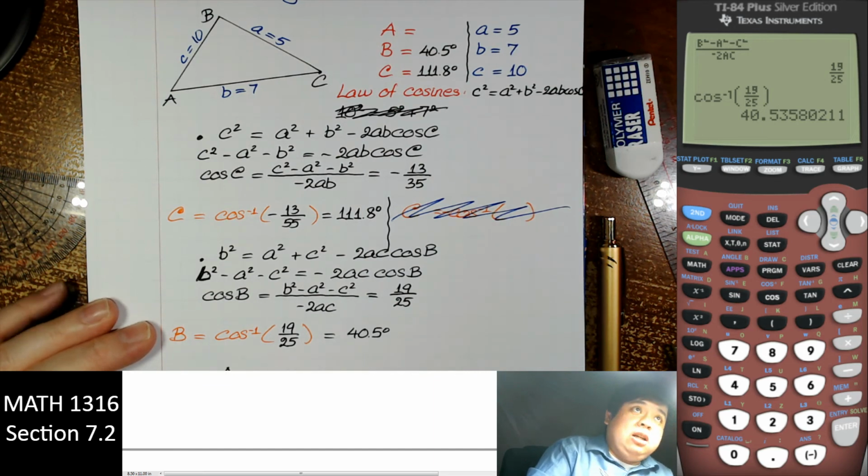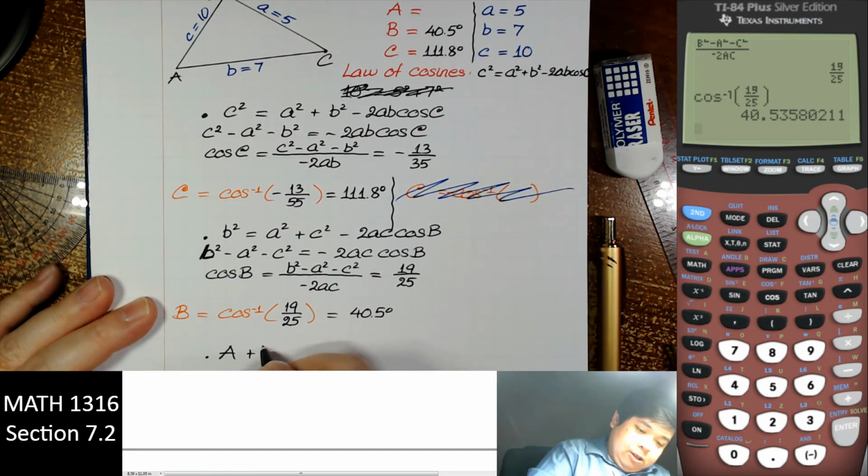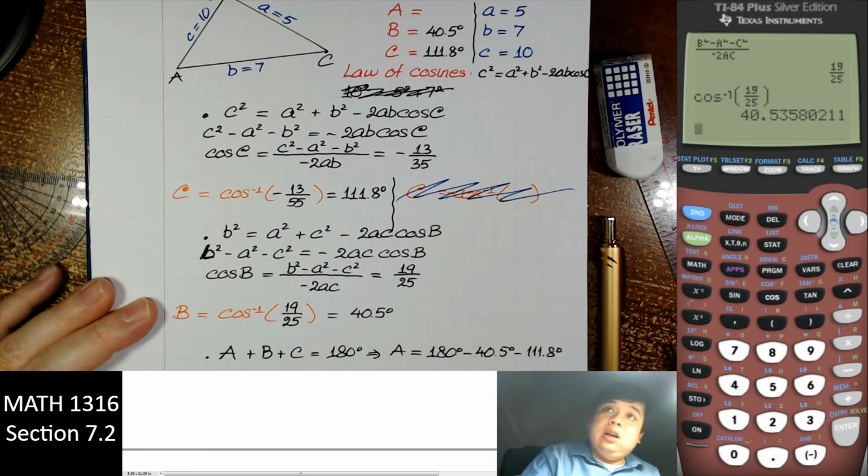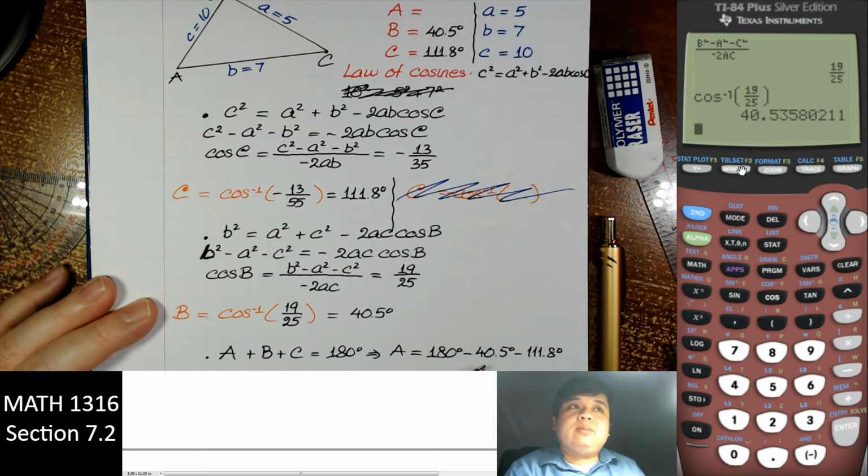So A plus B plus C is 180. So angle A is 180 minus 40.5 minus 111.8. Right. 180 minus, oh, I have those numbers.